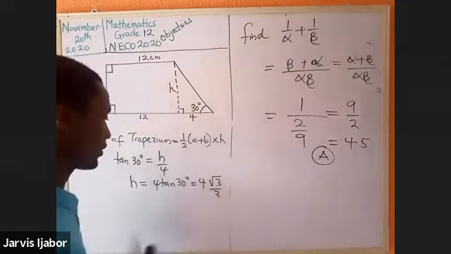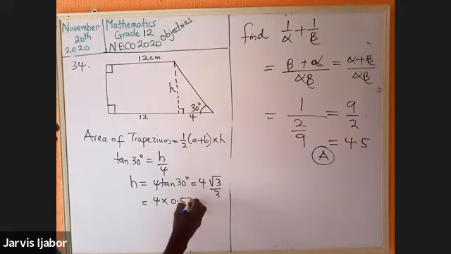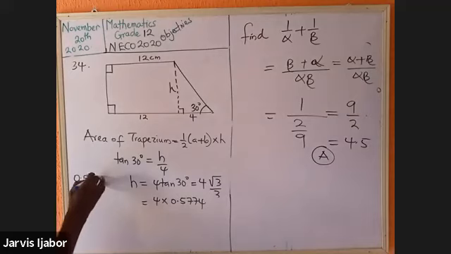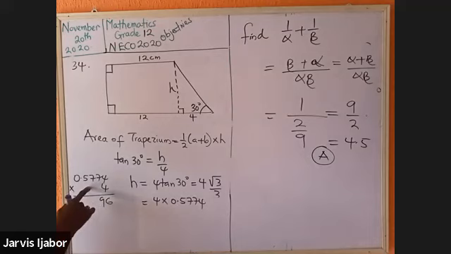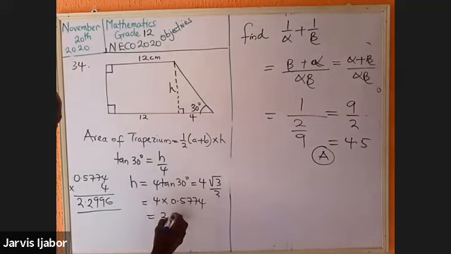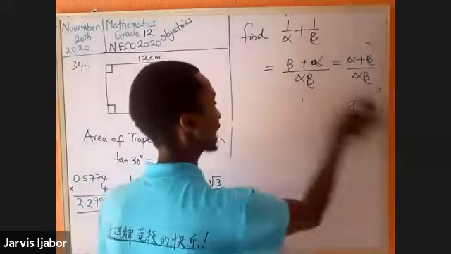So this is equal to 4 times 0.5774. I can do the multiplication here, and that's what I'm going to get, in centimeters. So that's for the height.